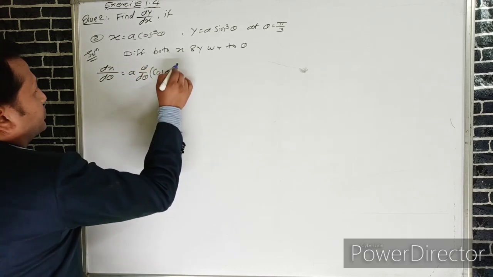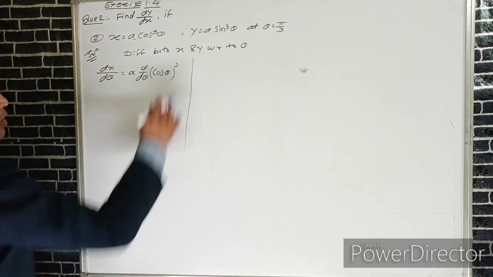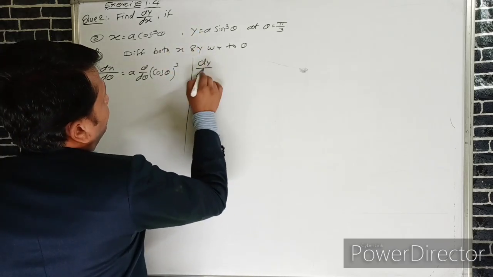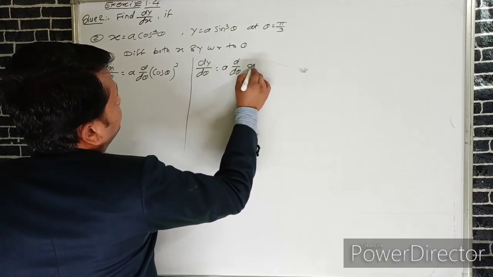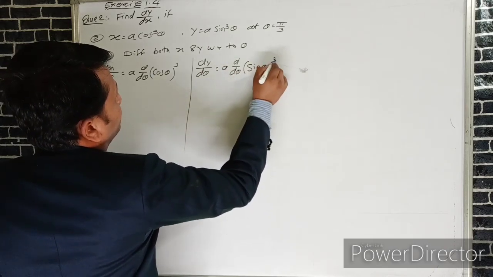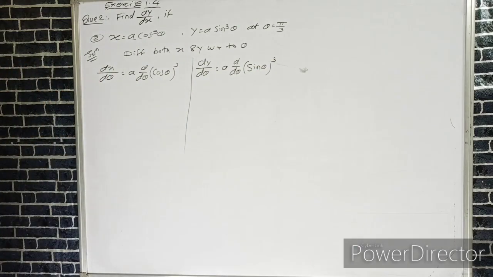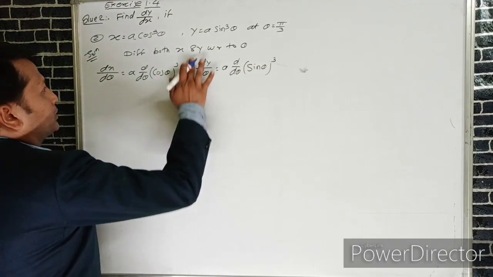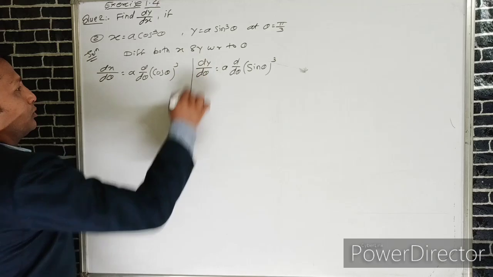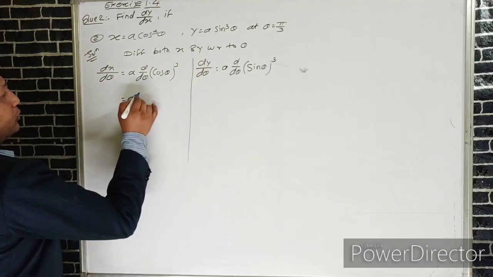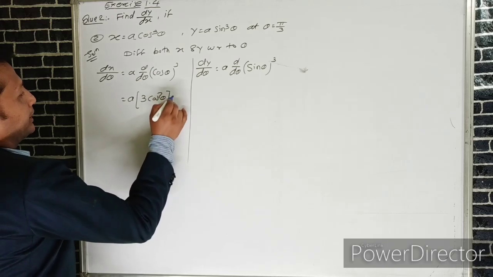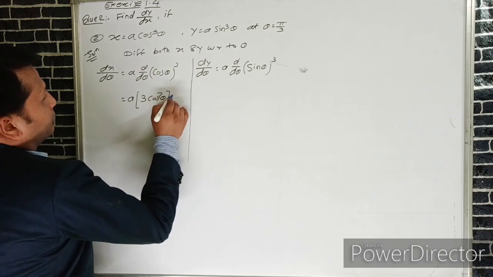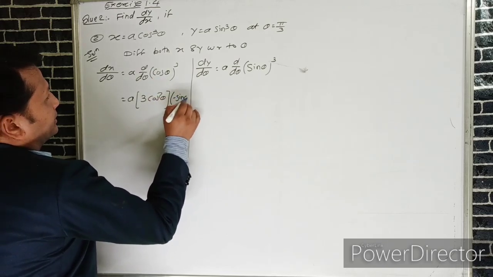We can write cos cube theta as cos theta whole bracket cube, and for y, dy upon d theta is equal to a into derivative of sin theta whole bracket cube. Here we can apply the derivative of cos theta whole bracket cube, which is a into 3 cos square theta, and we take again the derivative of cos theta, which is minus sin theta.